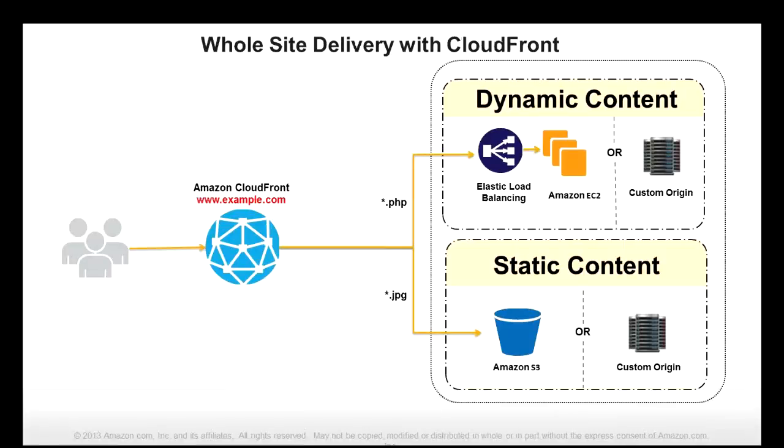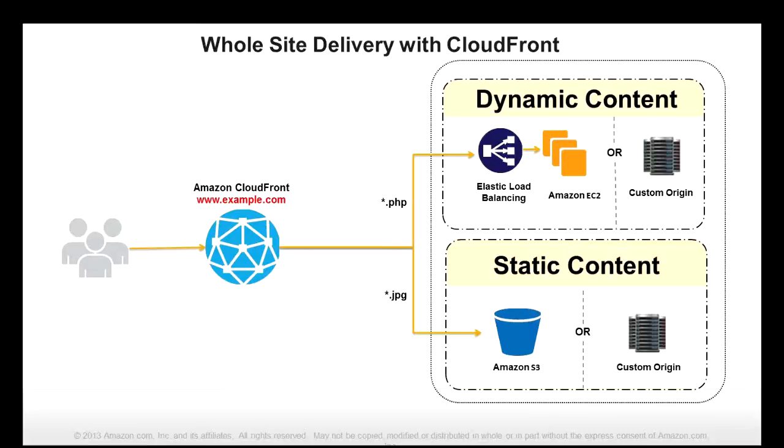So if you change this picture slightly, what I've done here is now the end users are going to the CloudFront Edge location first with the www.example.com domain name to download all content on this website, both dynamic and static content.